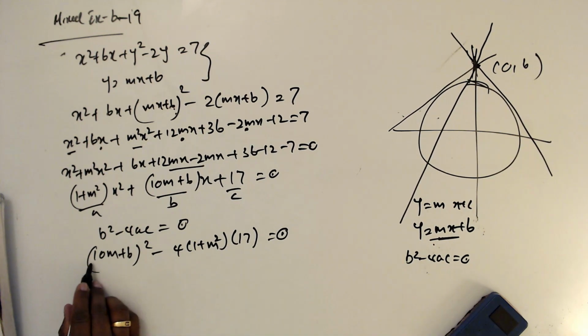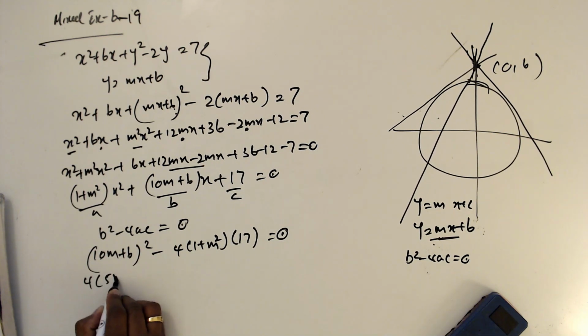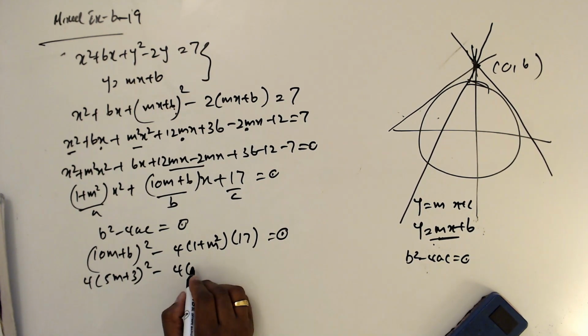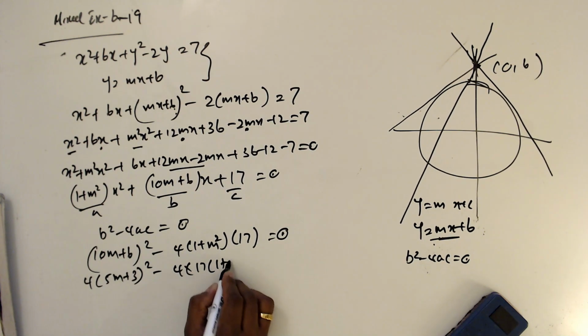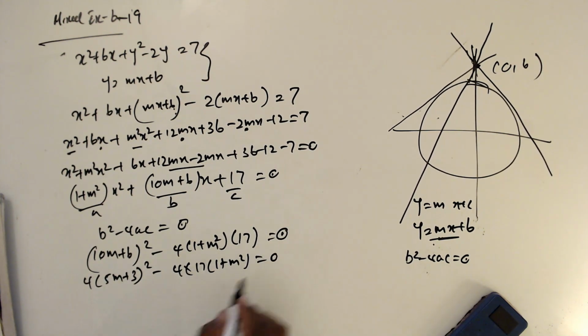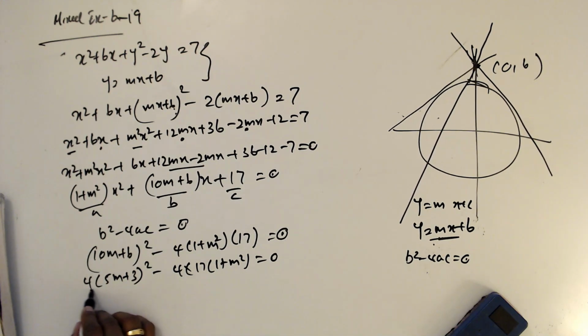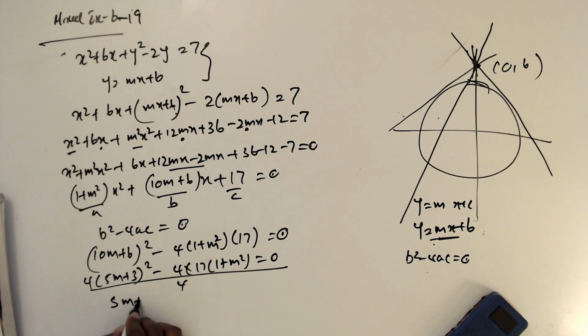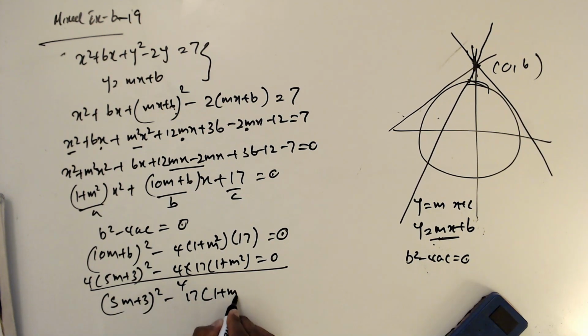When I take 2 out here, this is going to be 4 times 5m plus 3 square minus 4 times 17 times 1 plus m square equals 0. So I can divide the equation by 4. This cancels out. 5m plus 3 square minus 17 times 1 plus m square equals 0.